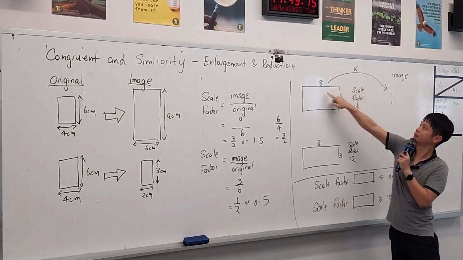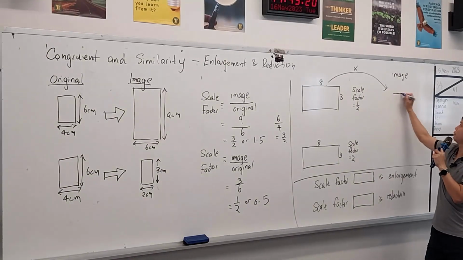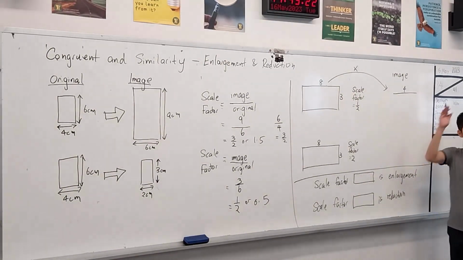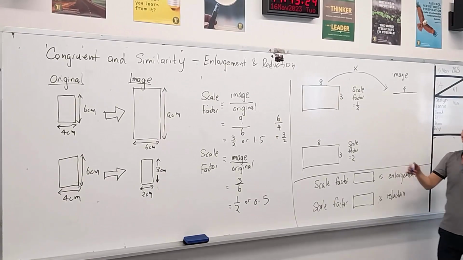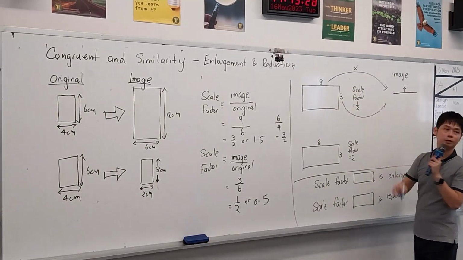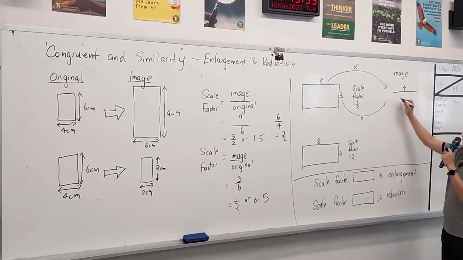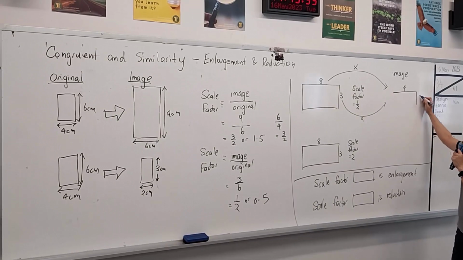We have 8 times half, so down here I will have 4. What about the height? 3 times half is 1.5.